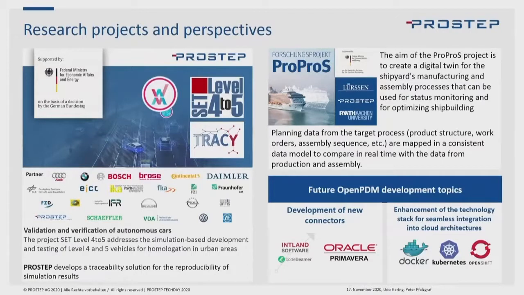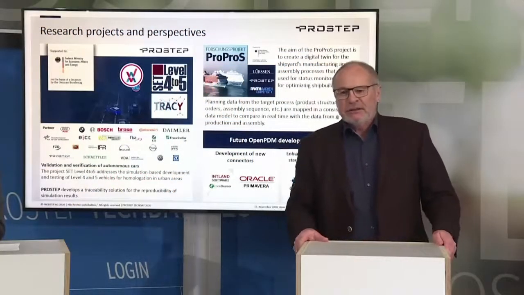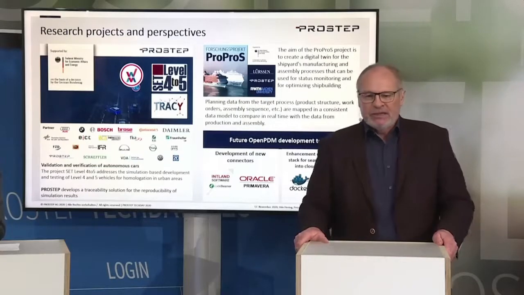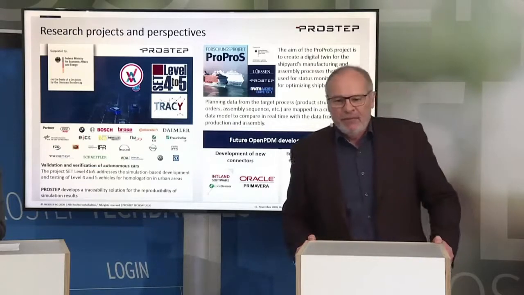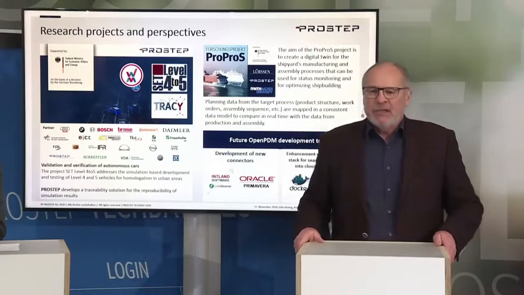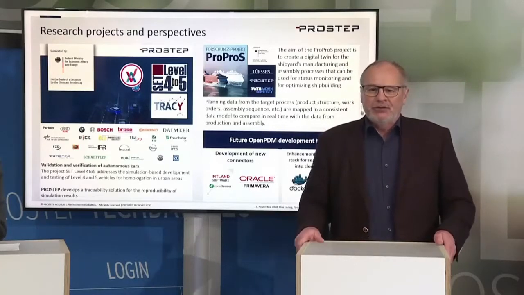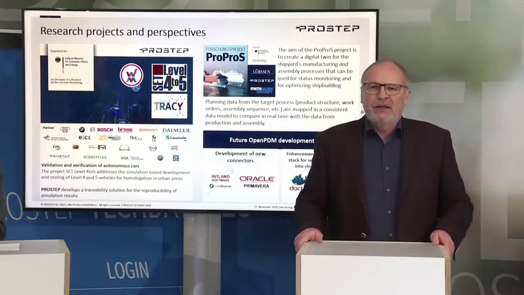It's about creating a digital twin for monitoring processes and optimizing processes between manufacturing and assembly. There's a great need for optimization here, and with our experience that we have in shipbuilding at this point, we can support people so that the respective processes can be optimized, and of course the data can be presented in a neutral data model, which can then be continued to be used in other companies and other areas.